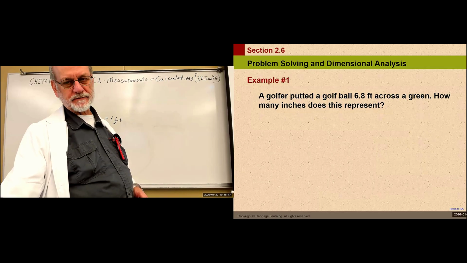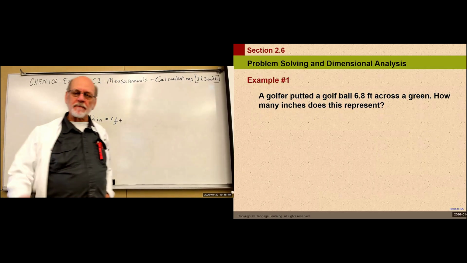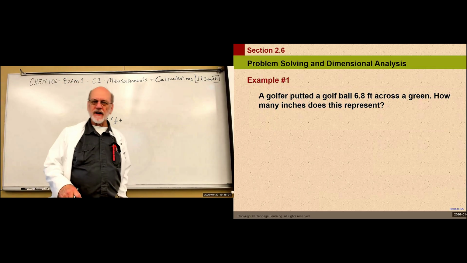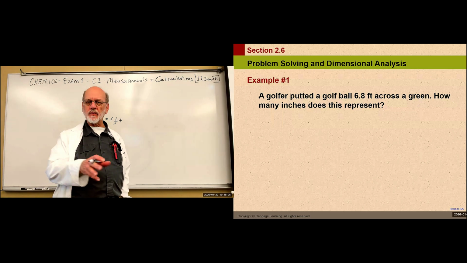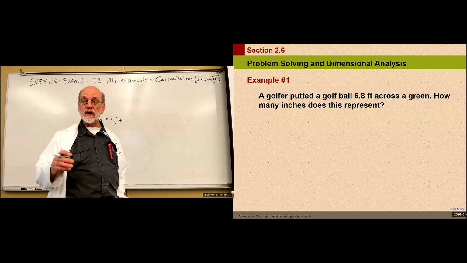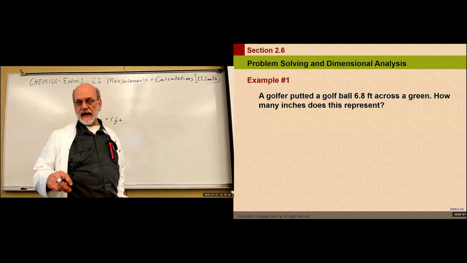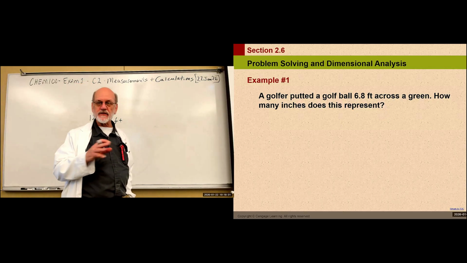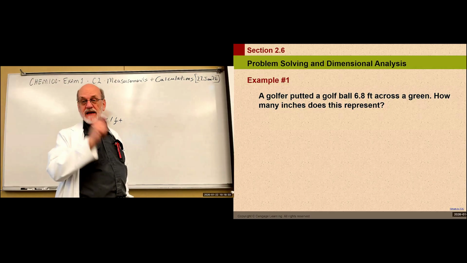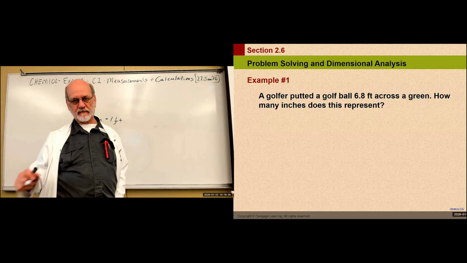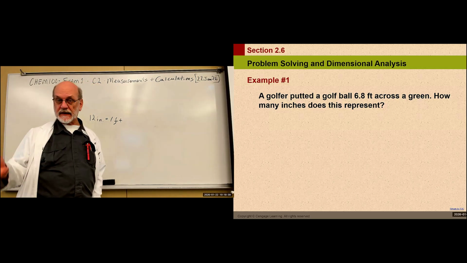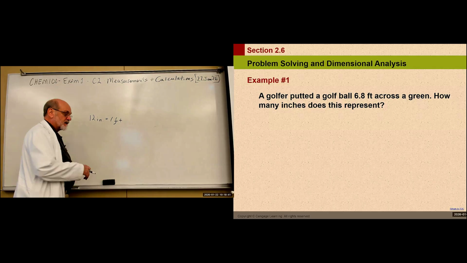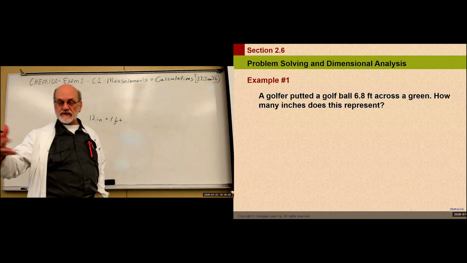We need an example. So let's say a professional golfer has to putt the ball from 6.8 feet away from the hole and get it in the hole. And any professional golfer worth his salt will sink that putt every time. So how many inches are required for this putt? Okay. First, you need an equivalence.